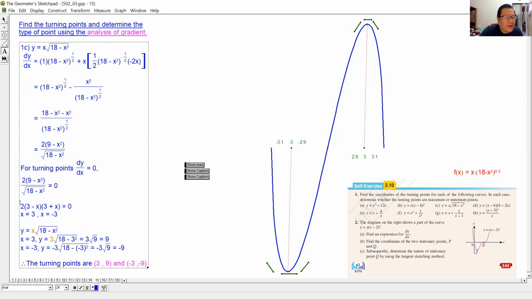Okay, so I try to substitute back. Substitute 3 here, and here also 3. If negative 3, then I will substitute in negative 3 and get the value of y.